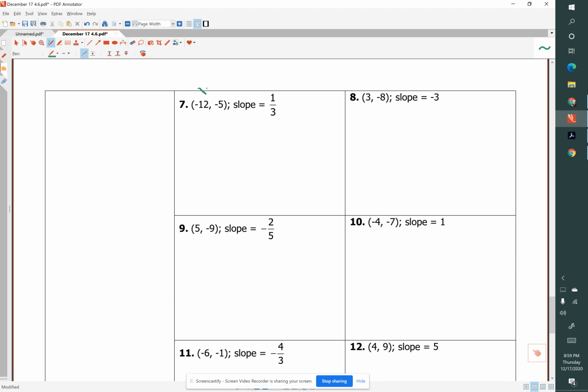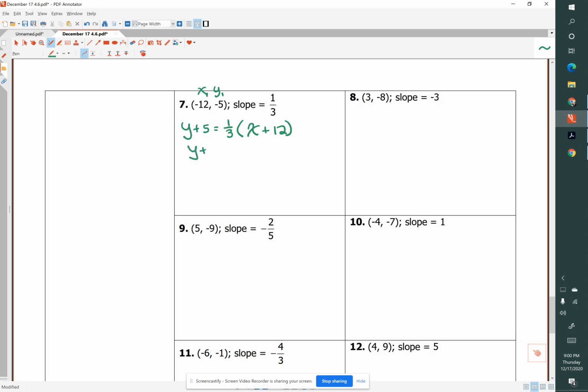Okay, we have our number 7, x sub 1, y sub 1. So we will write this as y minus negative 5, which is plus 5, equals m, or 1/3, times the quantity of x minus negative 12, which will be plus 12.